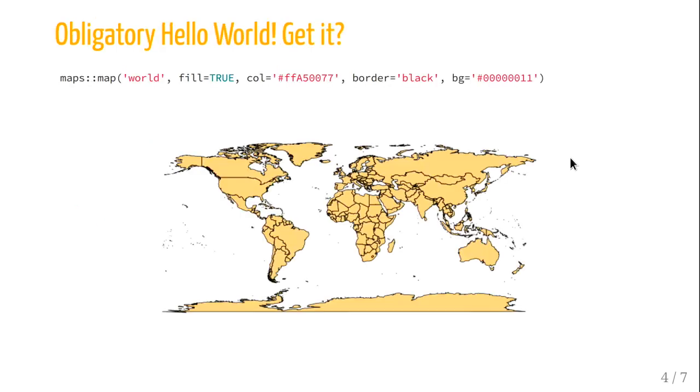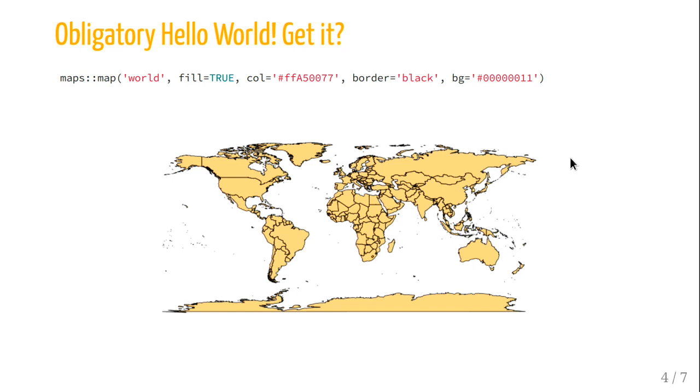So for people with programming experience, every programming language starts with a hello world, so I thought, why not start a map application with a hello world, right? That's kind of neat. So that's a hello world in R for maps.